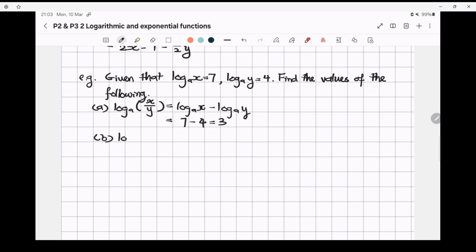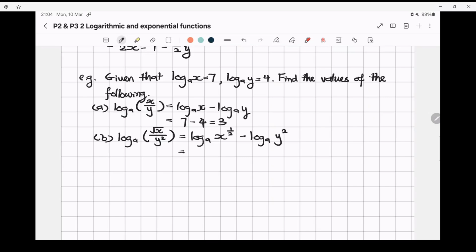Second one, log base a of the square root of x divided by y squared. So that will be log base a of x to the power of half minus log base a of y squared.